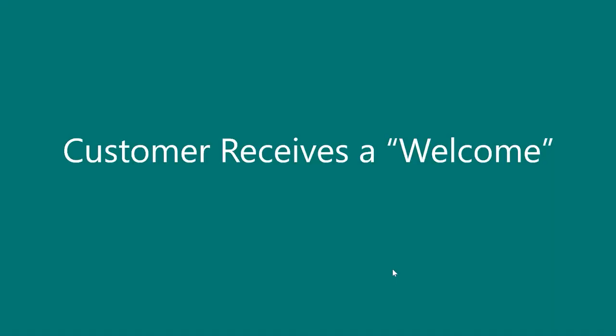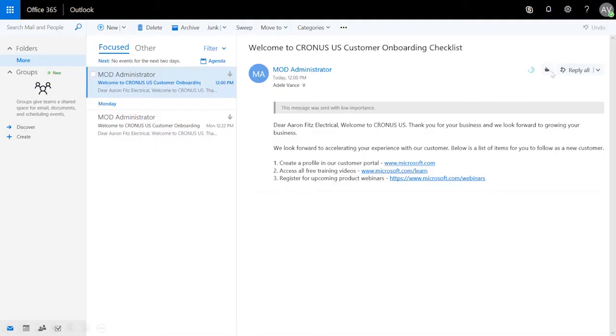And then the last step would be that a customer potentially receives a welcome email. So if I were to log into another version of Outlook where I'm now the prospect or the customer, you'll see here again that Adele V, I am receiving a standard email that says, welcome to Kronos, thanks for your business.